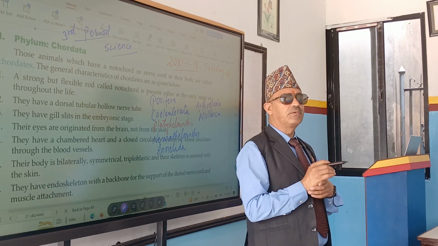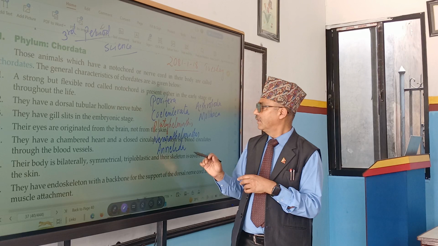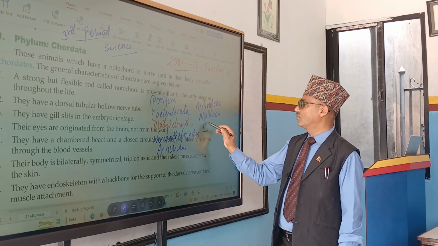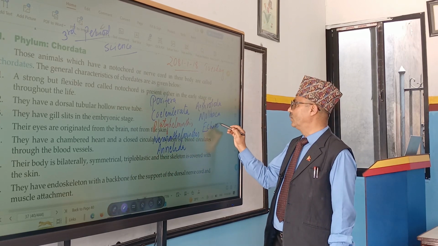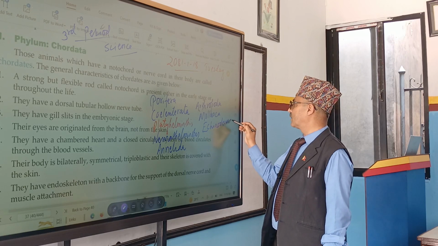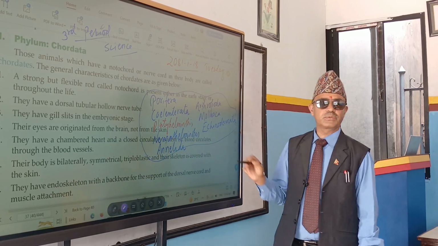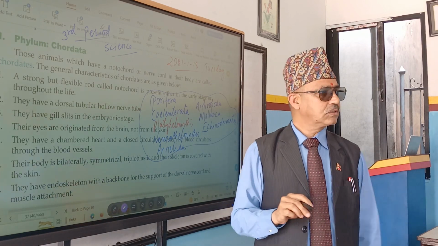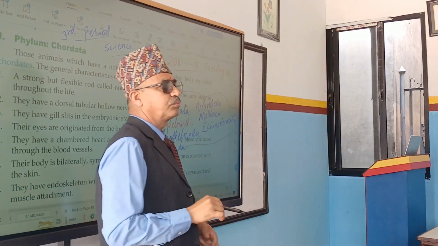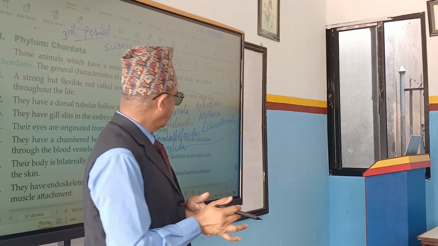The octopus, that devil fish, right? Yes. And the last one we discussed was Echinodermata. These are poorly developed phyla, meaning they contain animals which do not have well developed characteristics.